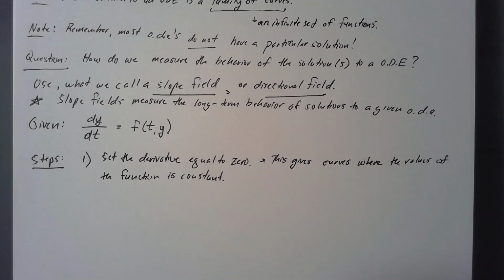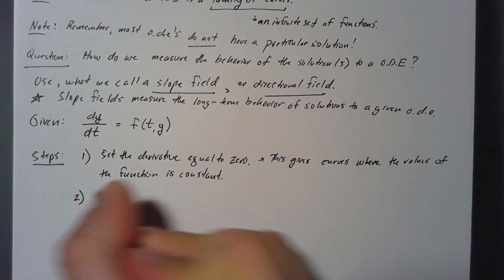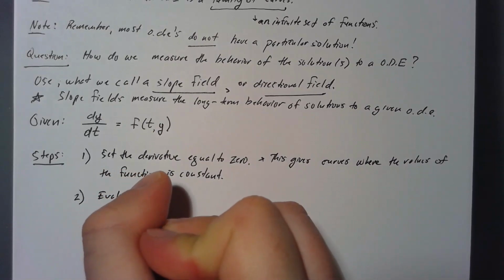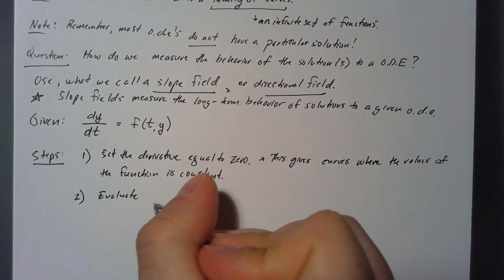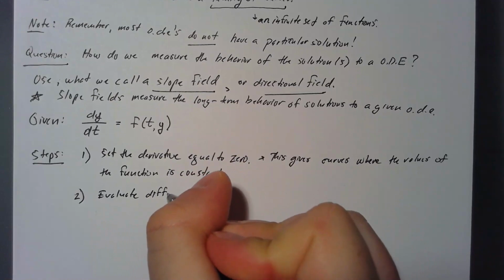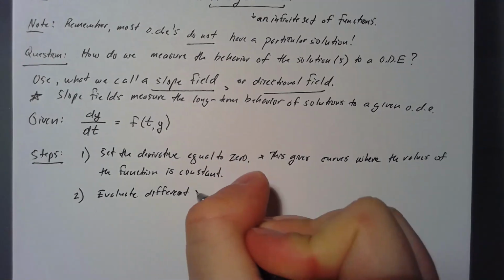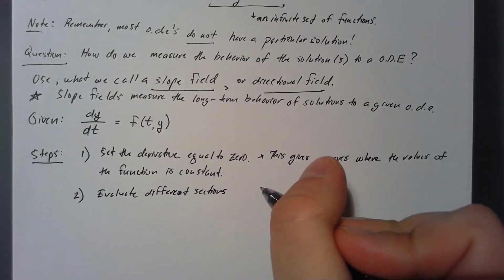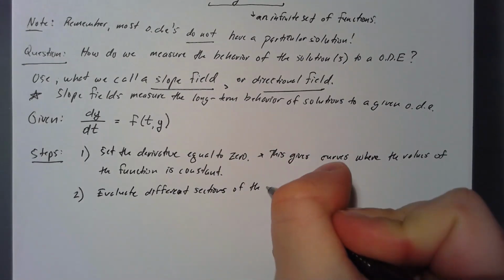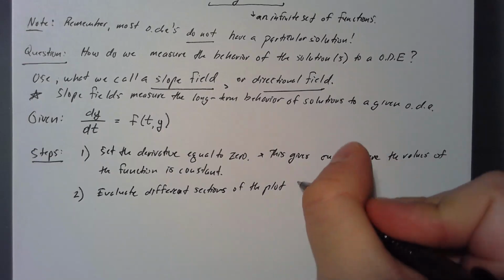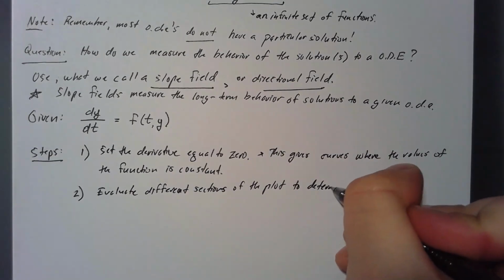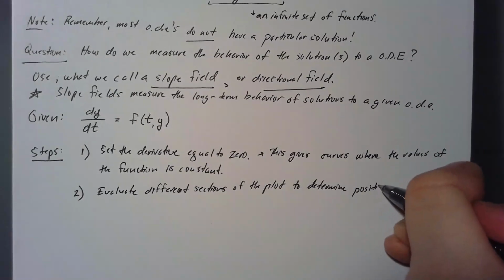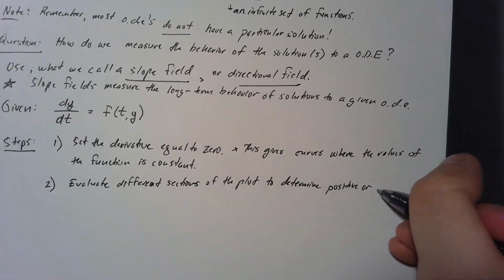And then once you do that, you're going to evaluate different sections of the plot to determine positive or negative slope.